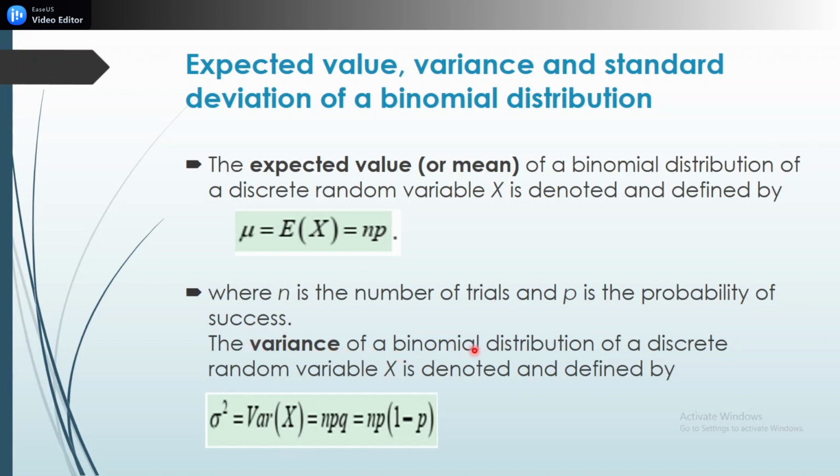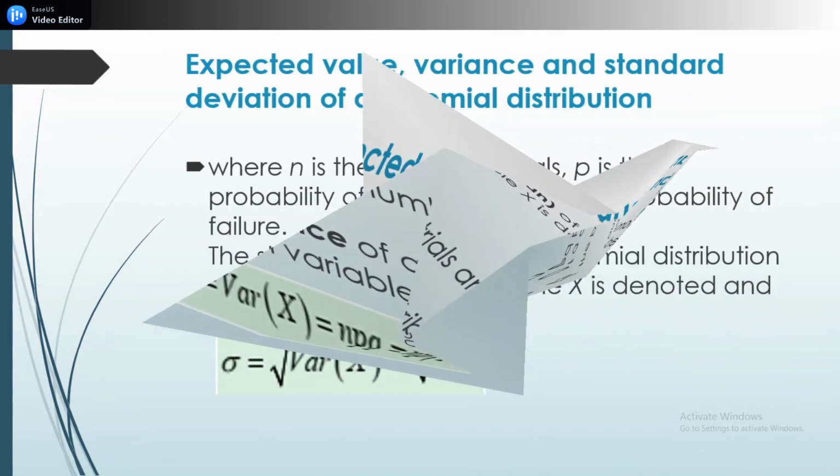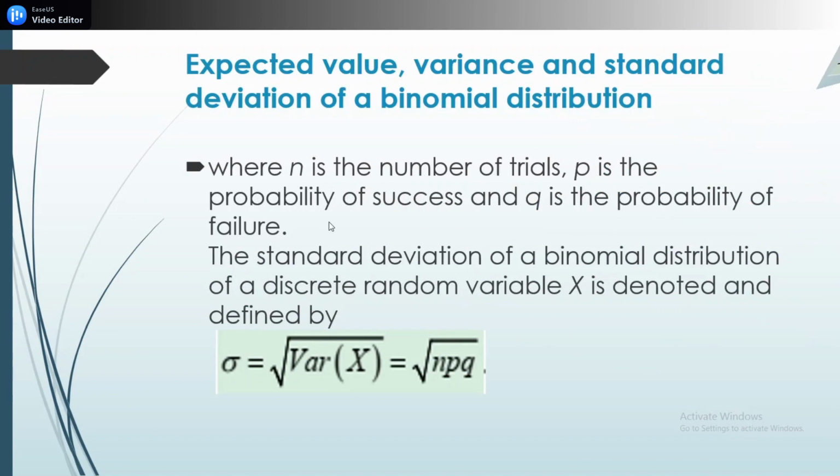The variance of a binomial distribution of a discrete random variable, for this case of Bernoulli, is equal to n times the probability of success times the probability of failure. Or you can write the probability of failure in function of the probability of success, where the probability of failure is equal to 1 minus the probability of success, where n is the number of trials, p is the probability of success, and q is the probability of failure.